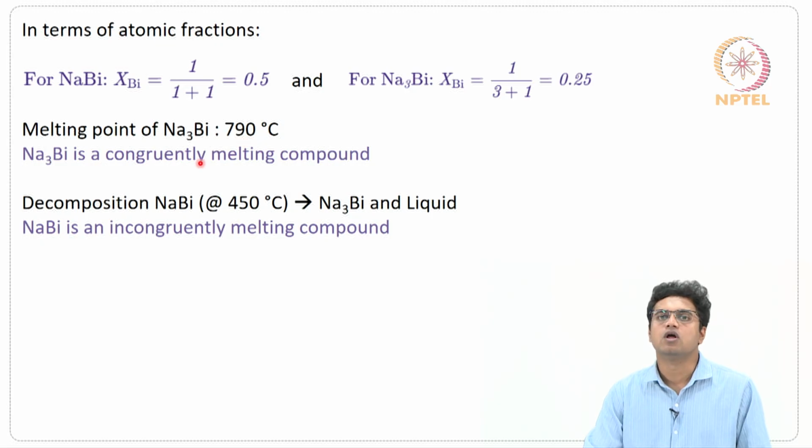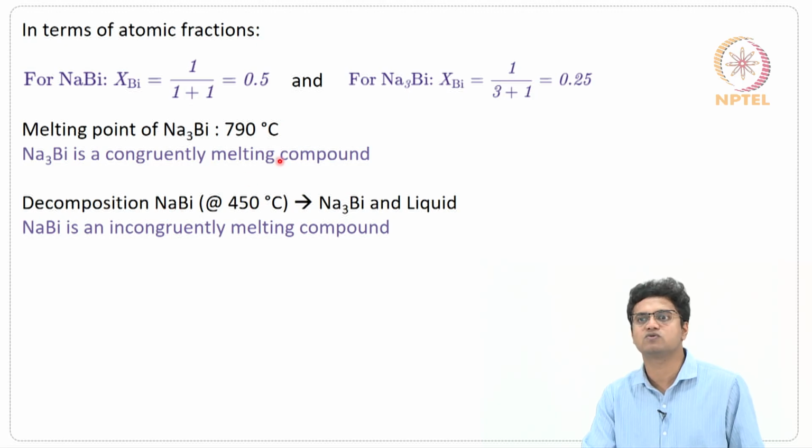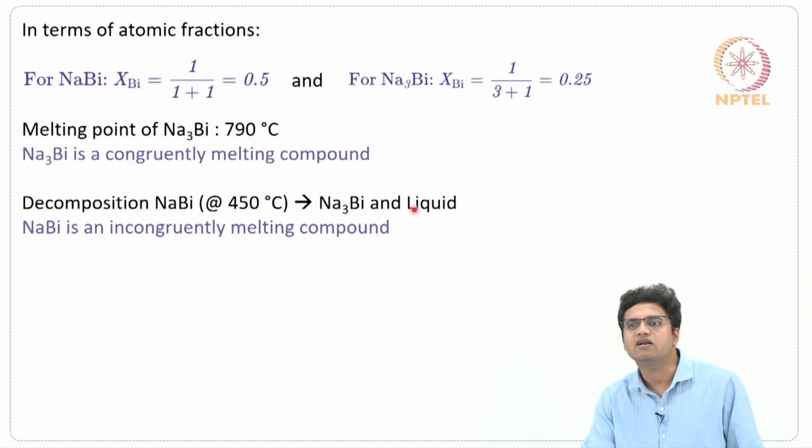Now, you have a congruently melting compound, Na3Bi, which melts at 790 degrees Celsius, and you have an incongruently melting compound. Why? Because the problem statement says that decomposition of NaBi takes place at 450 and it decomposes into one solid, the compound Na3Bi, and a liquid.